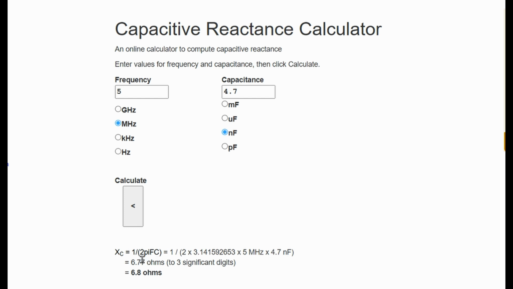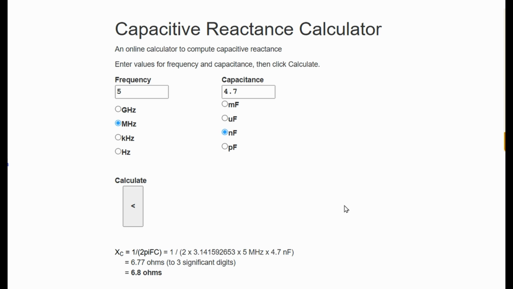So basically you take 2 times pi, 3.14, 6.28 and a bunch of extra numbers, and multiply that by the frequency, then multiply that by the capacitance in microfarads, and then you divide that into 1, and you'll come out with these values. So that is what capacitive reactance is. It's a resistance that happens in a capacitor when you pass a varying signal, an AC signal, through it. It's the resistance that it creates.